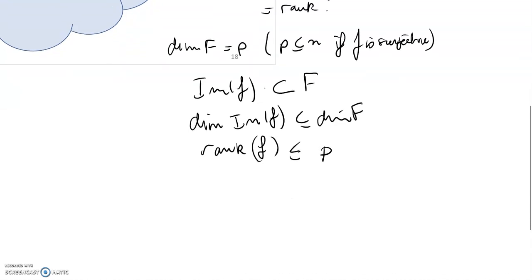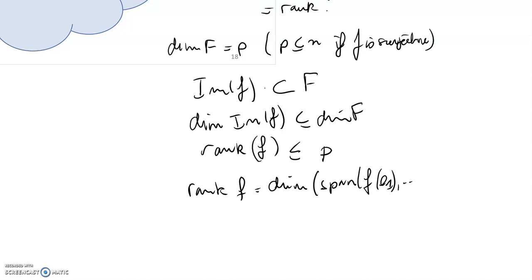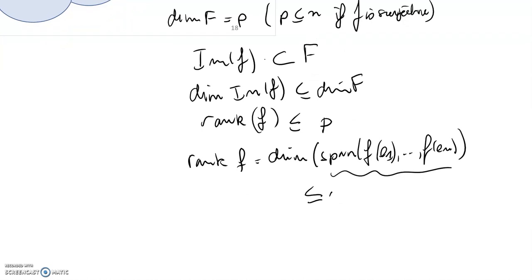But on the other hand, we saw that the rank of f was equal to the dimension of the set spanned by the family f of e1, f of en. We have a spanning family of size n, so we know that the dimension of the space is going to be smaller or equal to n. So I know that the rank of f is smaller or equal to n.